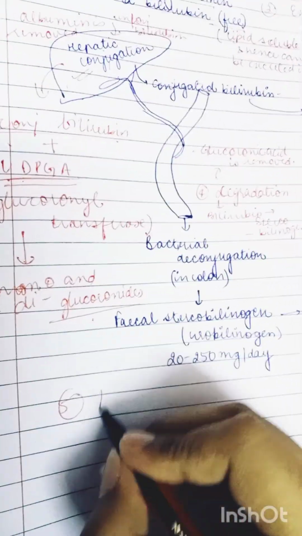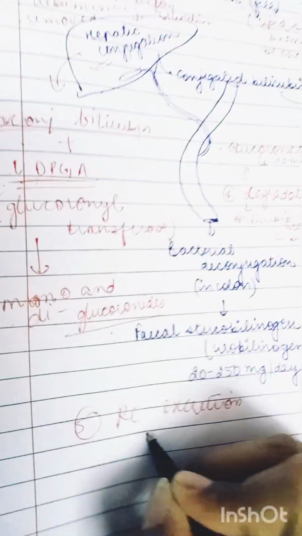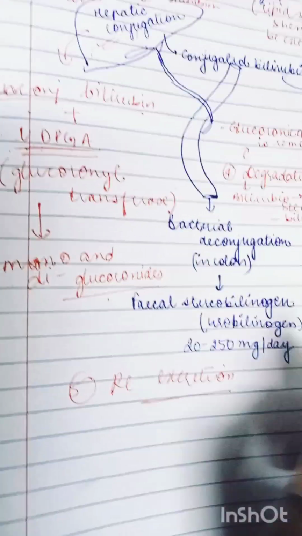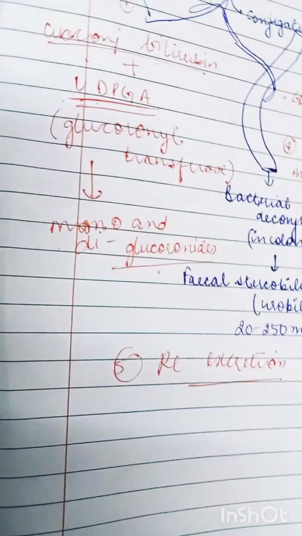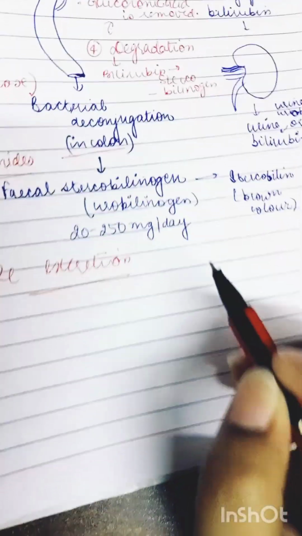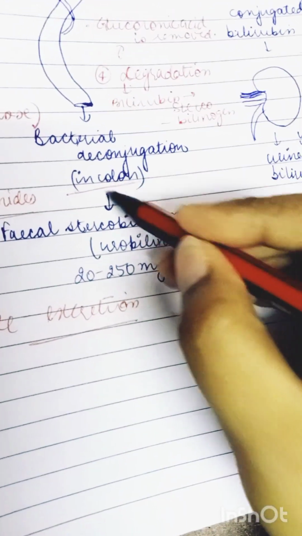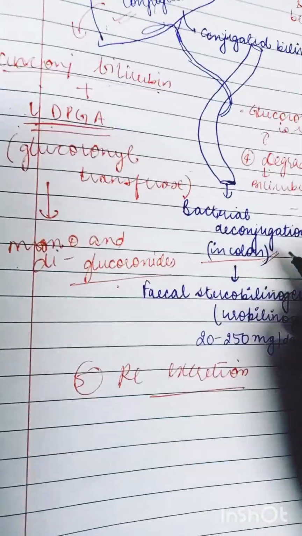Now the fifth step is re-excretion. The stercobilinogen was formed in the degradation process by the colonic bacteria in the colon.